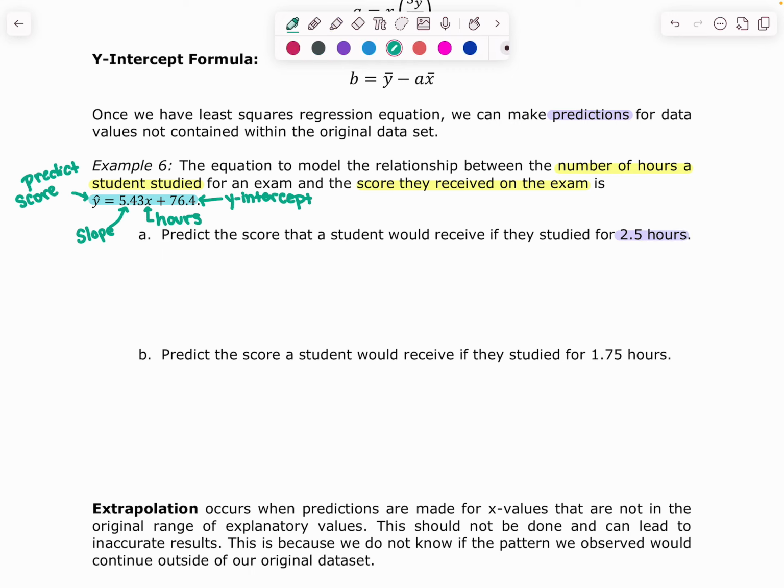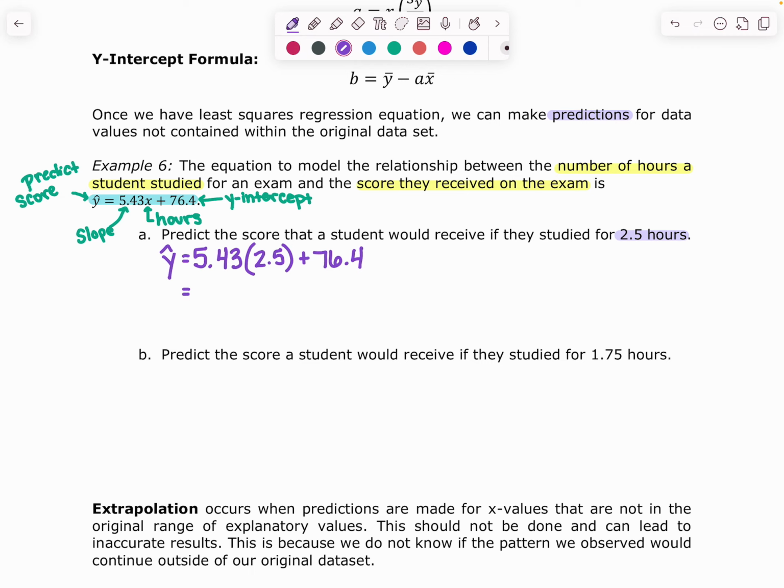So I'm not going to come up with a number out of thin air. I'm going to use the equation. So I'm going to say, okay, y hat, that means predict. My slope is 5.43. The number of hours that I'm looking at is 2.5 plus 76.4. Order of operations says we do the multiplication first.